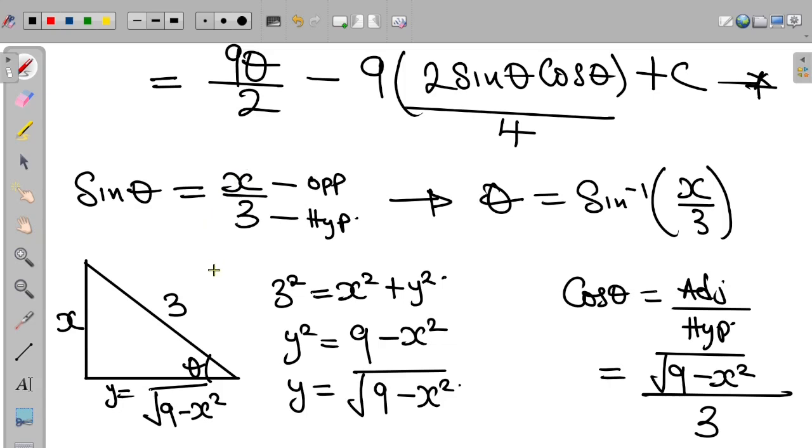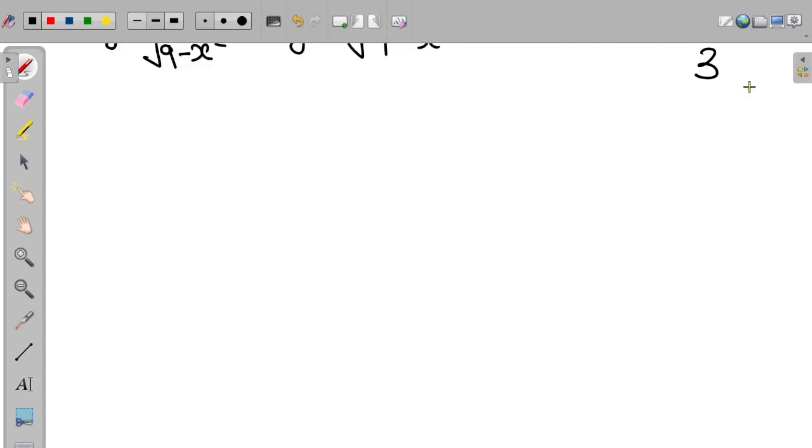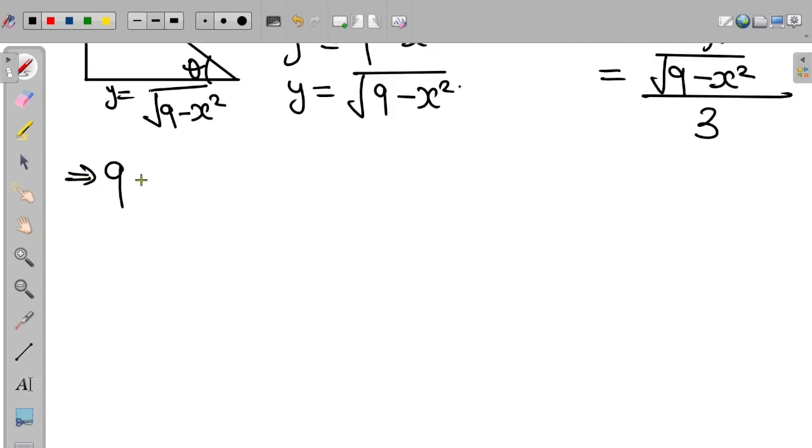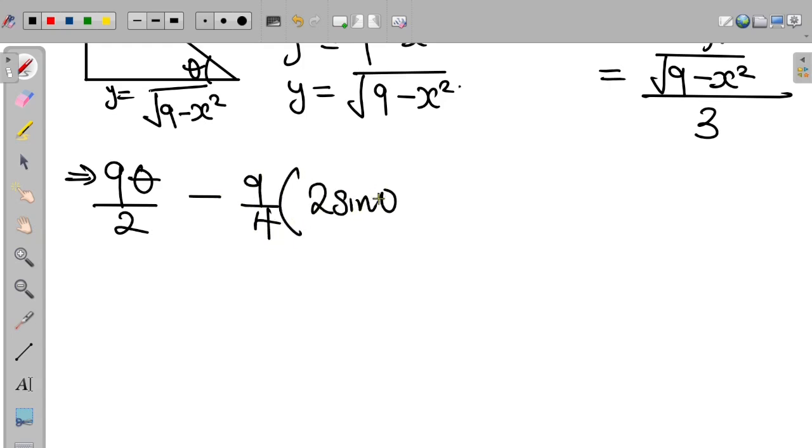So at this point, we have obtained sine theta, we have obtained cos theta, we have obtained theta. So we are going to substitute all the expressions into this equation here. So therefore, we have 9 multiplied by theta divided by 2 minus 9 divided by 4 multiplied by 2 sine theta cos theta plus c.